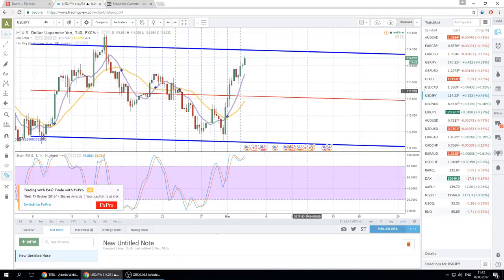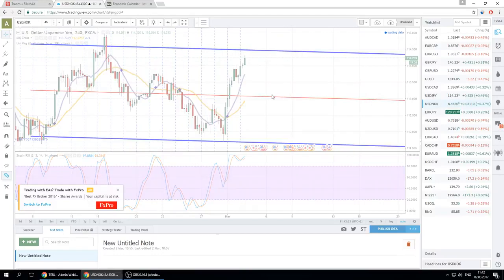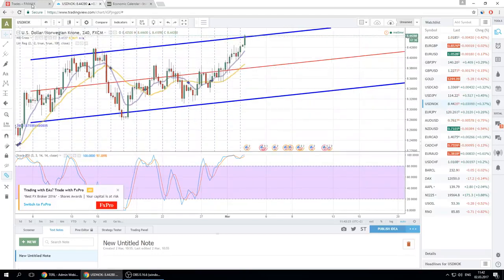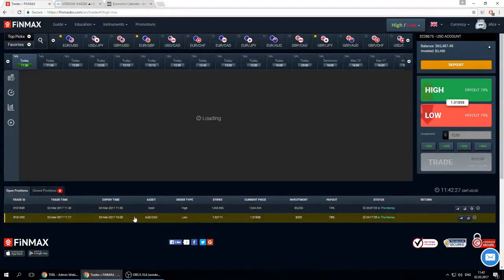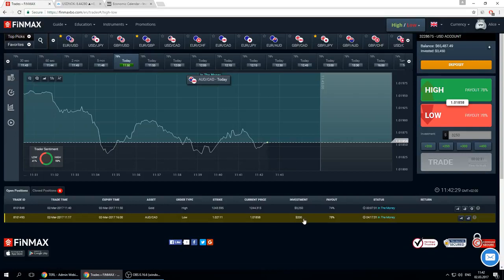So this is what we are waiting for. This trade will finish at 4 p.m. So if you have opened it, I'm pretty confident that it will expire in the money.